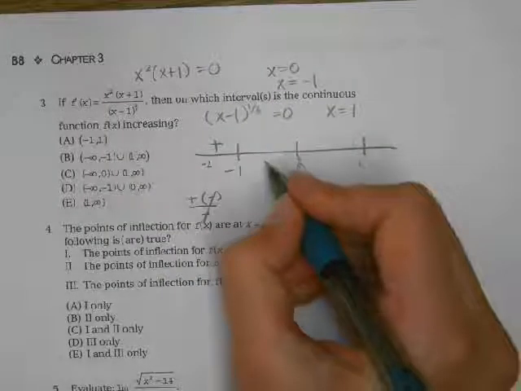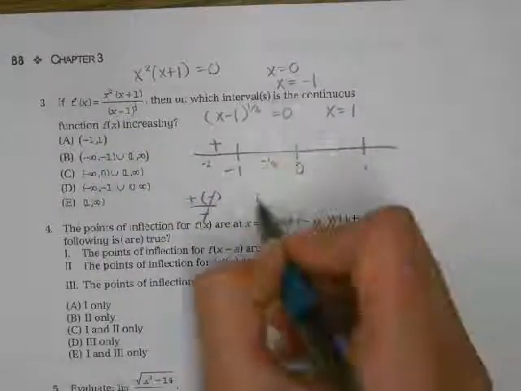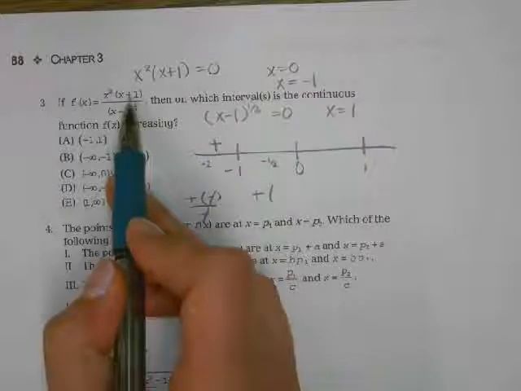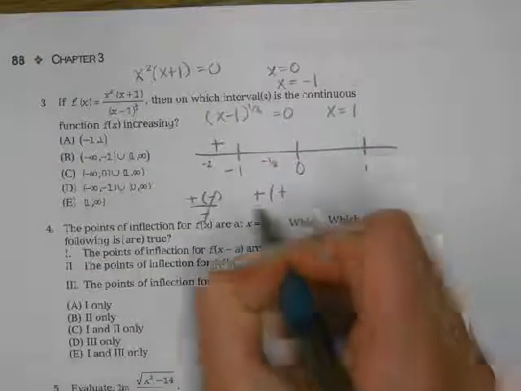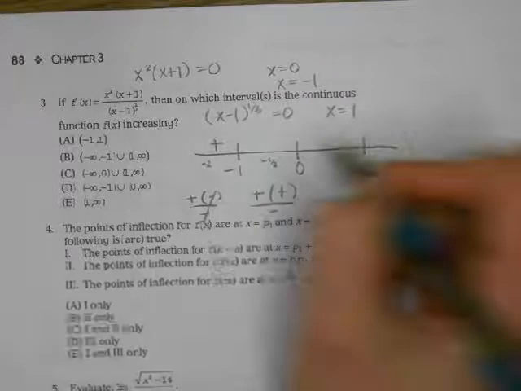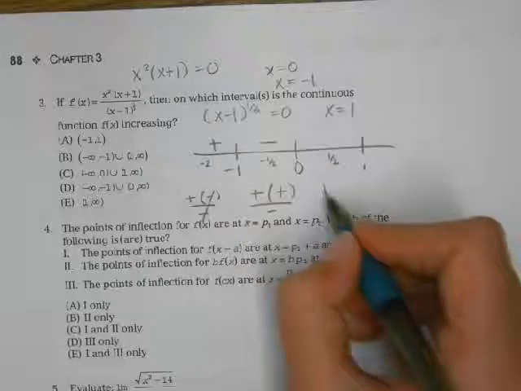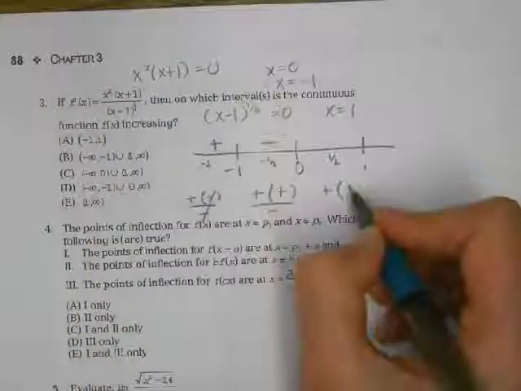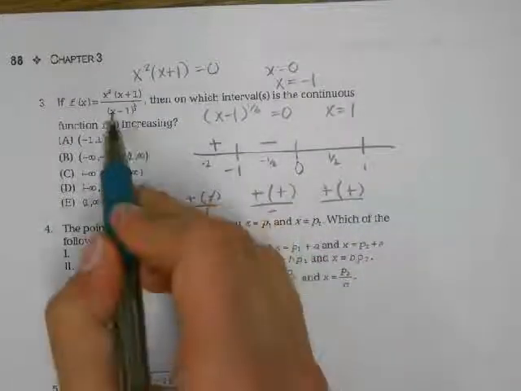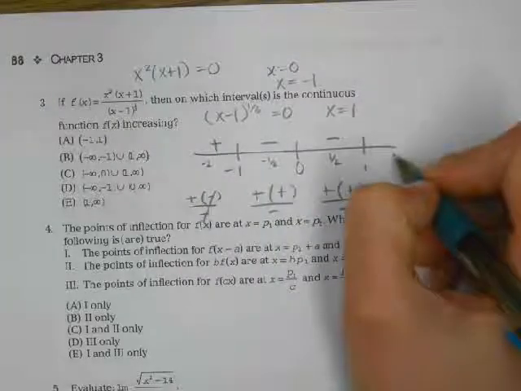Over here, I'll go ahead and plug in -1/2. So -1/2 squared is positive. -1/2 plus 1 is positive. -1/2 minus 1 is going to be negative. So it's negative. Positive 1/2 squared is positive. 1/2 plus 1 is positive. 1/2 minus 1 is negative, so this is negative right here.